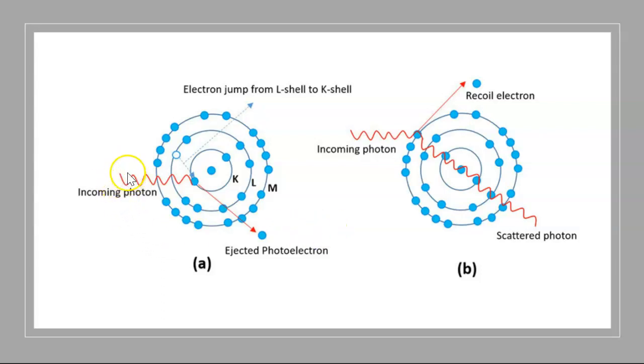So we have an incoming photon, and it goes to an inner shell, and it kicks out our photoelectron, versus an incoming photon hitting an outer shell, knocking out a recoil or Compton electron, and then we have this scattered photon coming out. So we have an inner shell and we have an outer shell. You ready?